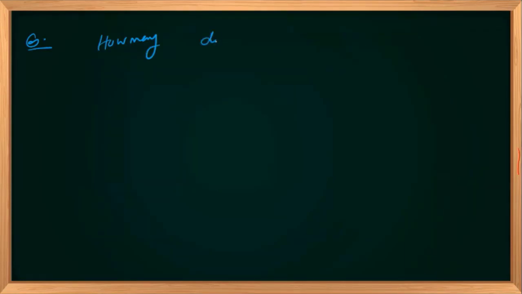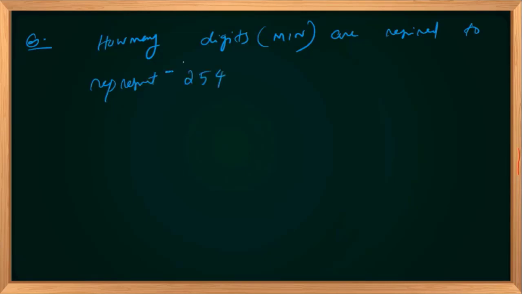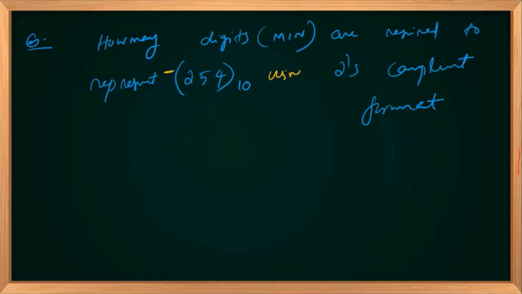How many digits, minimum number of digits, are required to represent minus 254 decimal in 2's complement representation or 2's complement format?